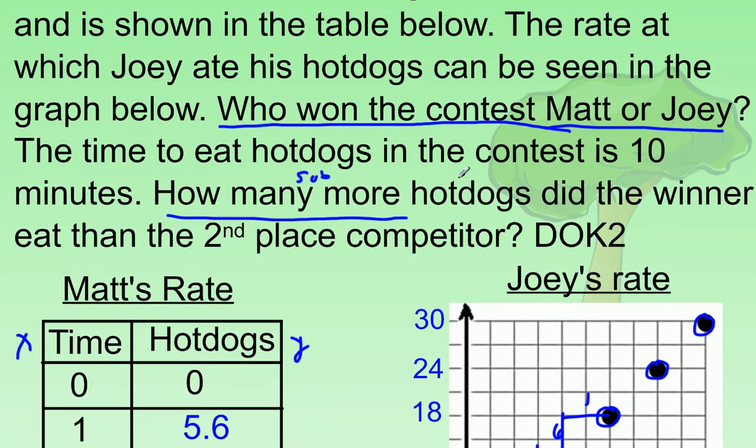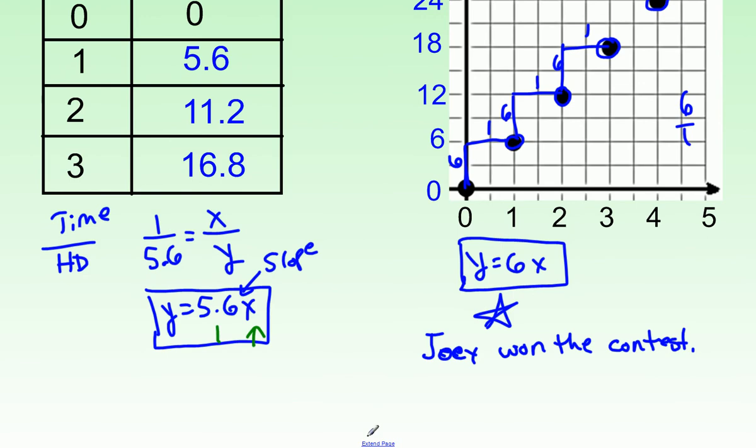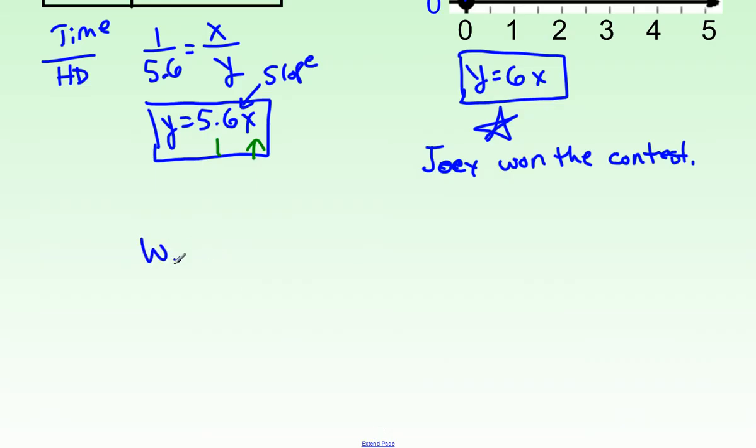Okay, question number 2. It says the time to eat hot dogs in the contest is 10 minutes. How many more hot dogs did the winner eat than the second place? So how many more, as I said up here, little hint, it's subtraction. So we want to find the winner, subtract the second place guy, that'll tell us this difference.